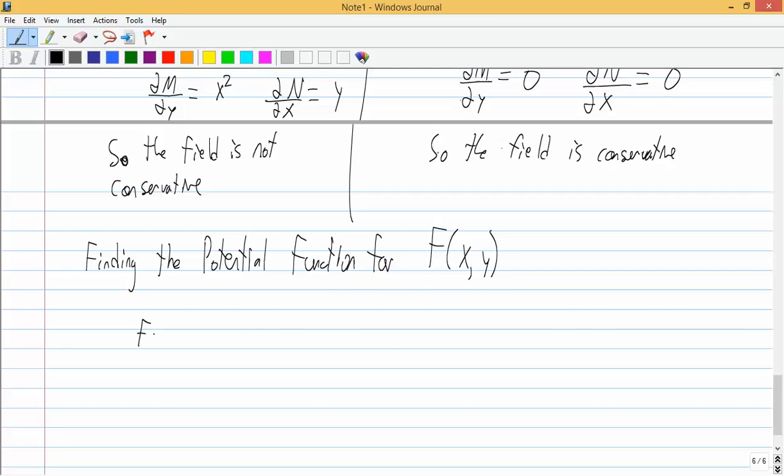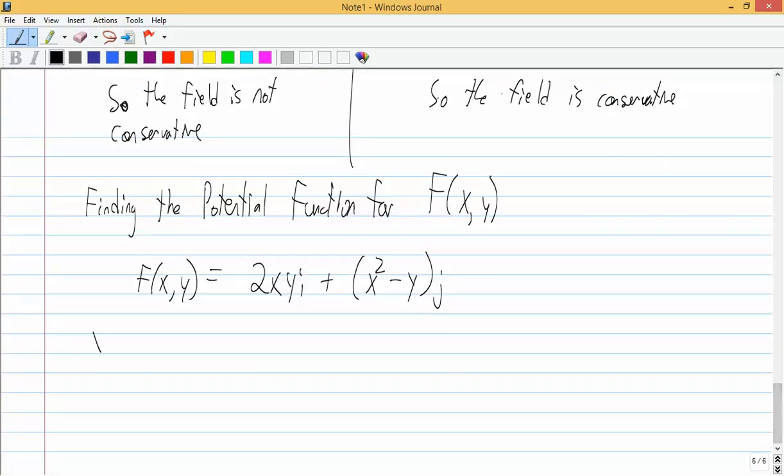So let's say that capital F of xy was equal to 2xy i plus x squared minus y j. Remember, del F is equal to capital F.